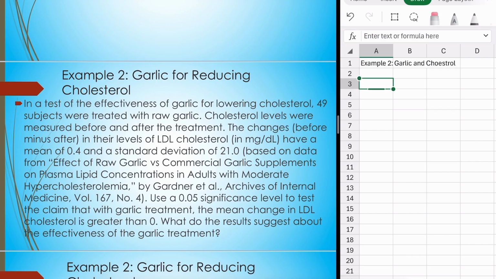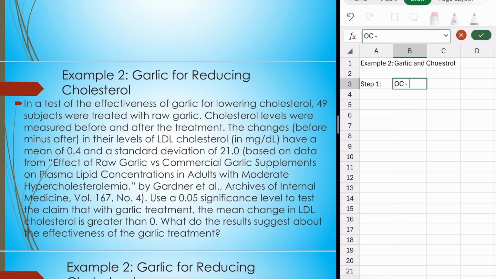The changes in their levels of LDL cholesterol have a mean of 0.4 and a standard deviation of 21. Use the 0.05 significance level to test the claim that with garlic treatment, the mean change in LDL cholesterol is greater than 0. But what do the results suggest about the effectiveness of the garlic treatment?